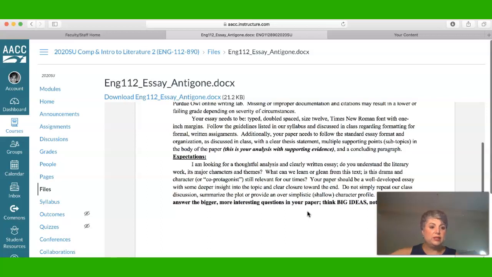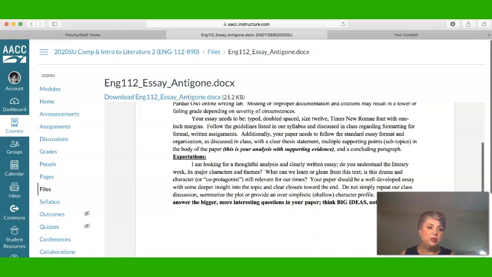Be confident in your assertions and your analysis, and be analytical and objective. No plot summary, because I've already read Antigone, so I know what happens in the play. You must break down your character and study that character and analyze that character. And a really great paper, an excellent paper, ties that character analysis to a big idea.